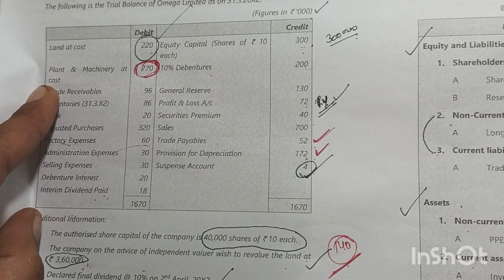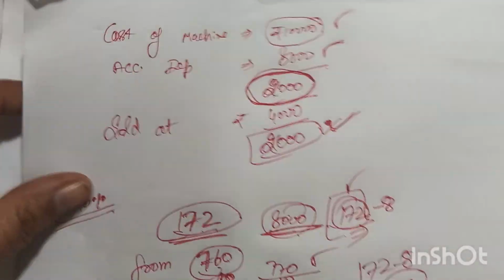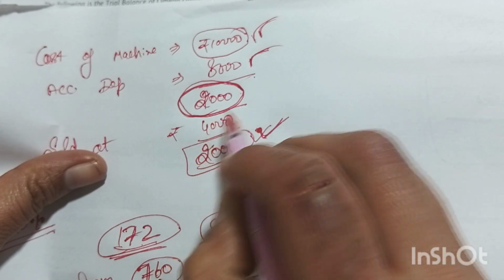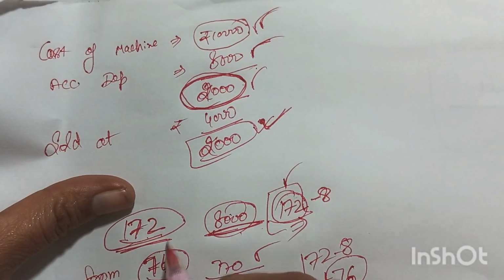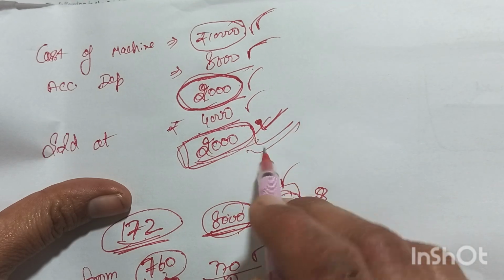On that machinery we have the accumulated depreciation of rupees 8,000, and we have sold the machinery at rupees 4,000, but the value of the machinery is 2,000 remaining after deducting the depreciation. So we have 2,000 of profit on the plant and machinery. See, I have calculated here: the 10,000 is the cost, 8,000 is the accumulated depreciation, and 2,000 is the remaining amount, but we have sold it for 4,000, so we have a 2,000 profit.